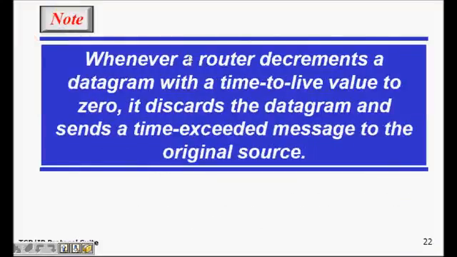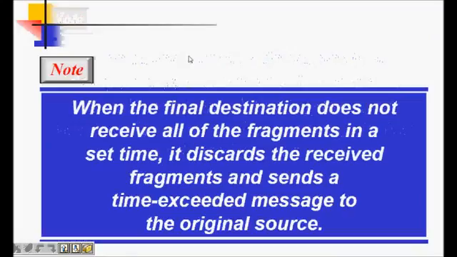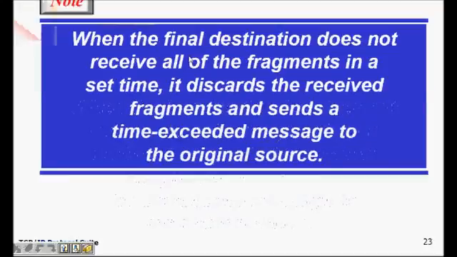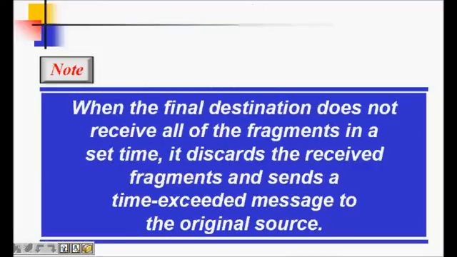So this is one way time exceeded can happen. The type will be time exceeded, but there is another way in which it can happen, and that is the problem of fragmentation. Let me tell you a little bit about fragmentation also. Each MAC layer has different maximum data units. Some can have a frame of 1500 bytes, some can only handle frames of 300 bytes, let's say.